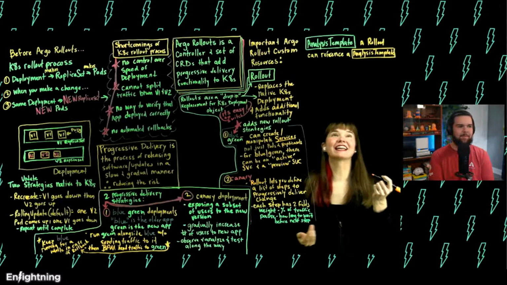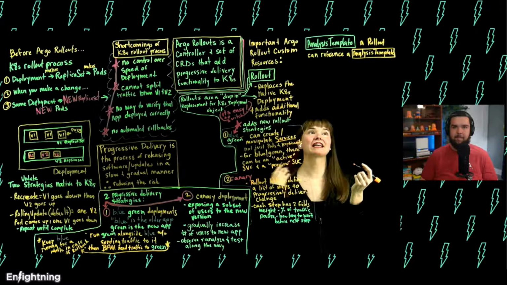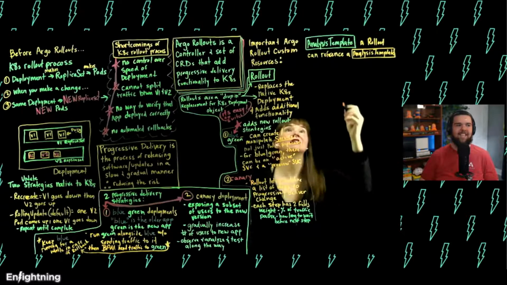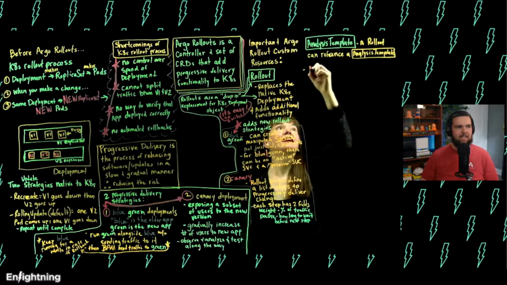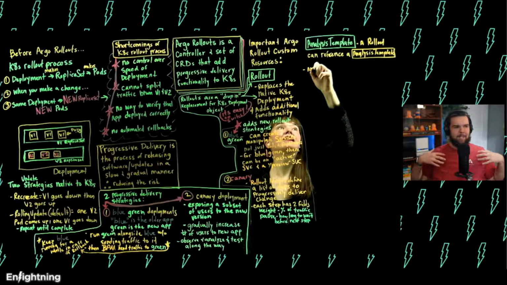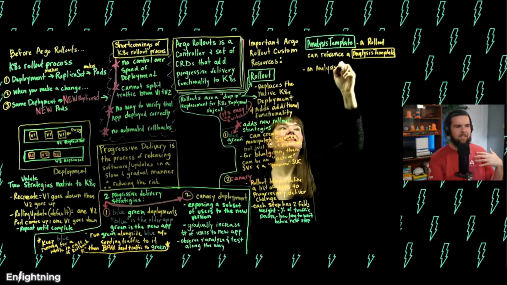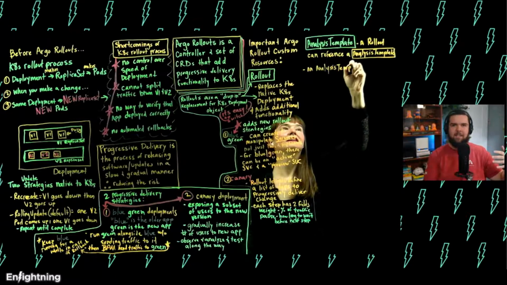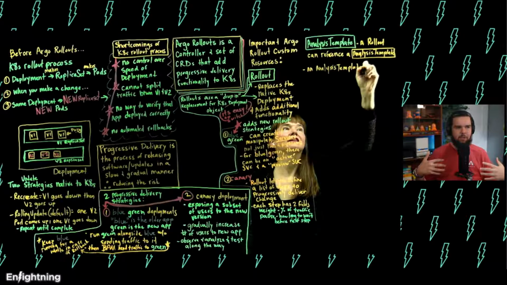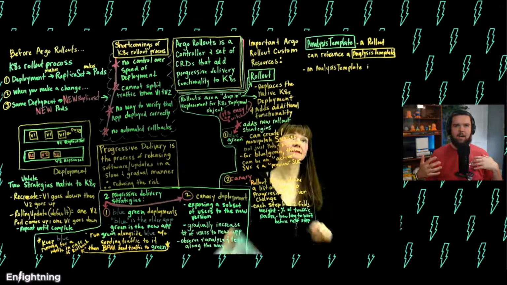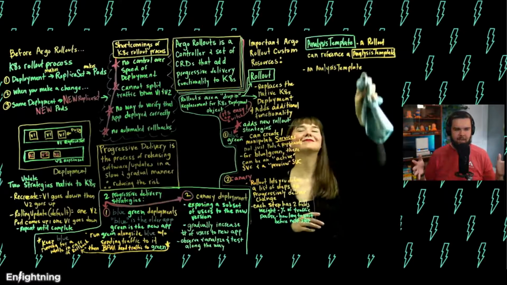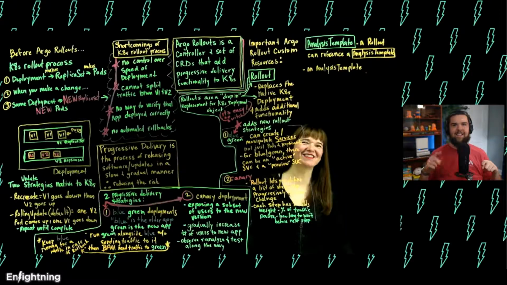So a rollout can reference an analysis template, and an analysis template is a specification for the providers that you want to pull metrics from. So a provider could be Datadog, Prometheus, New Relic. Here's where the observability comes in.